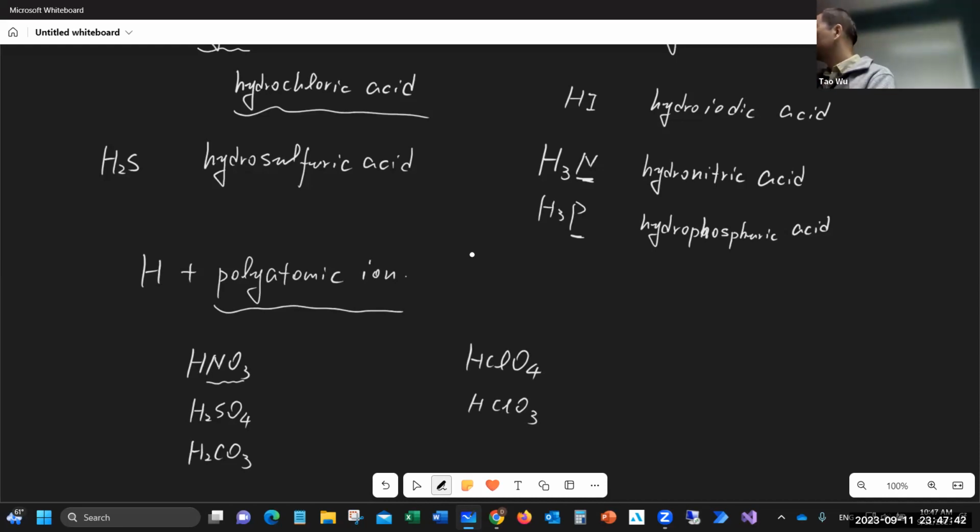NO3 minus, the polyatomic anion, what is it called? Nitrate. This is called a sulfate. This is called a carbonate. This is a perchlorate, and this is a chlorate. So those all end with ate, you see, right? Nitrate, sulfate, carbonate.